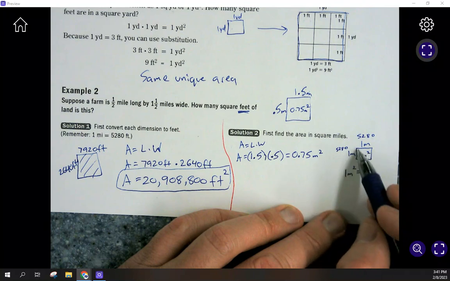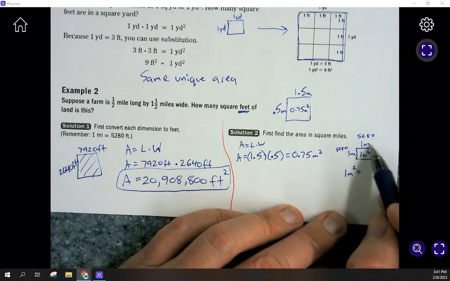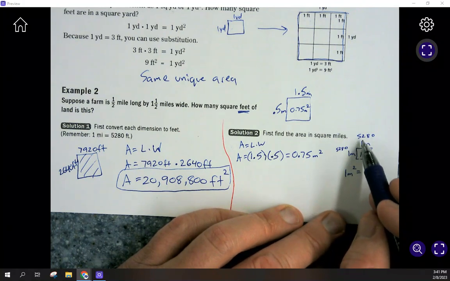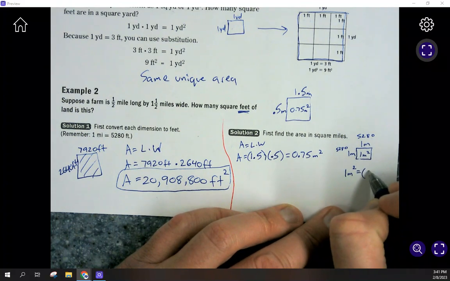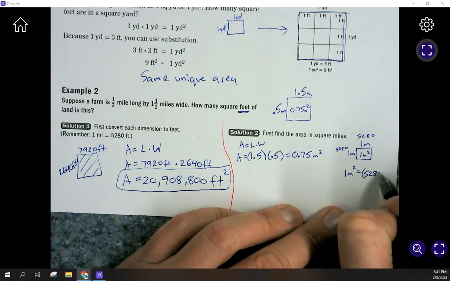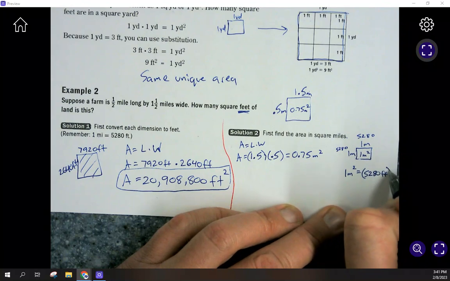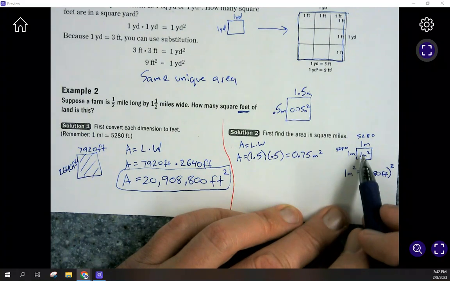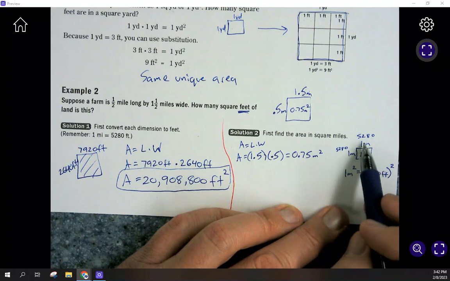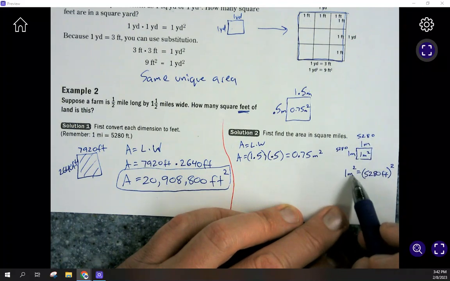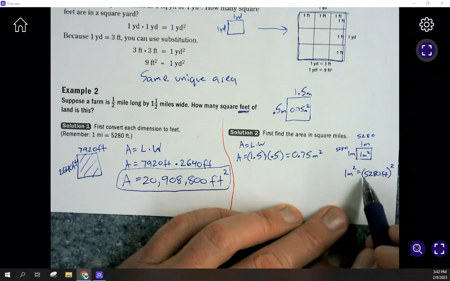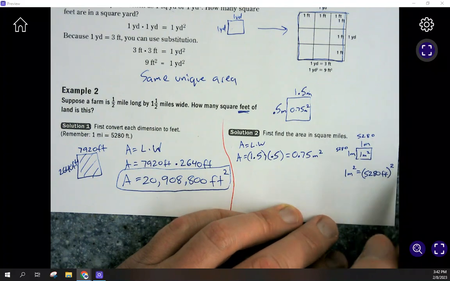That would be the length times width. We did 1 mile times 1 mile. If we're going to do it in feet, though, it's 5280 times 5280. So I'm going to write this as 5280 feet squared. 1 mile times 1 mile is the same as 5280 feet times 5280 feet. 1 mile squared, or 1 square mile, is equal to 5280 squared.